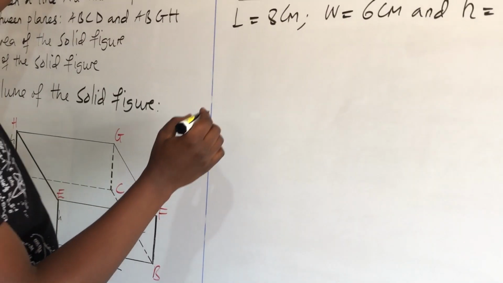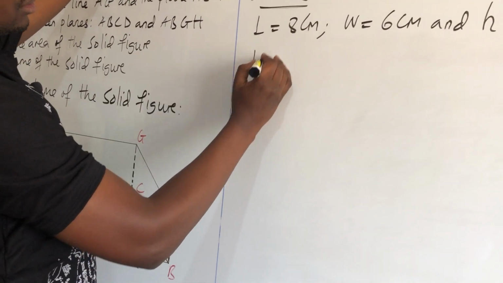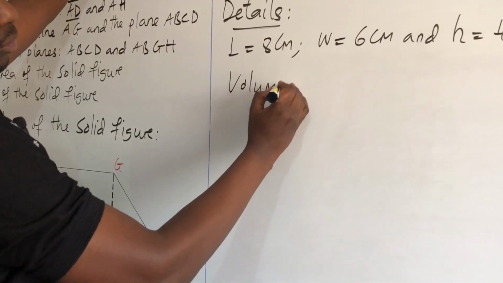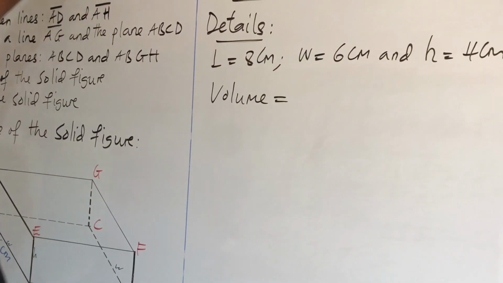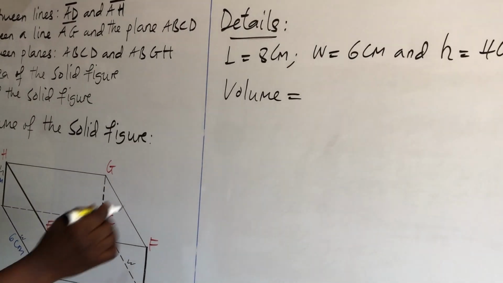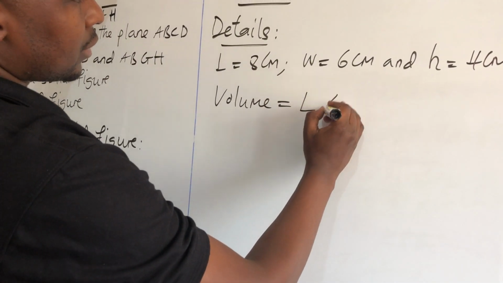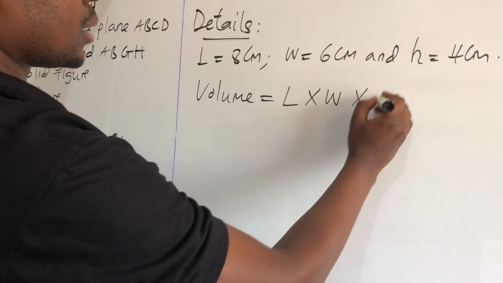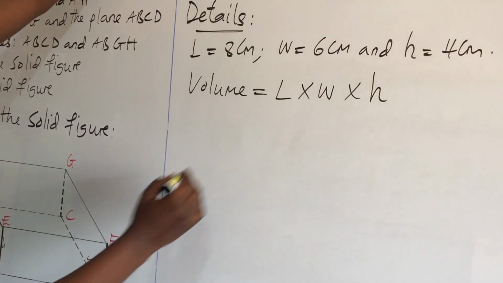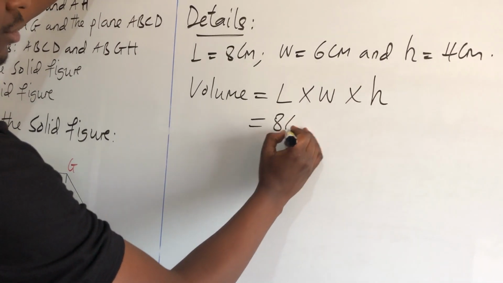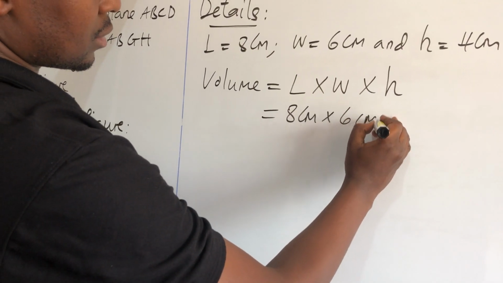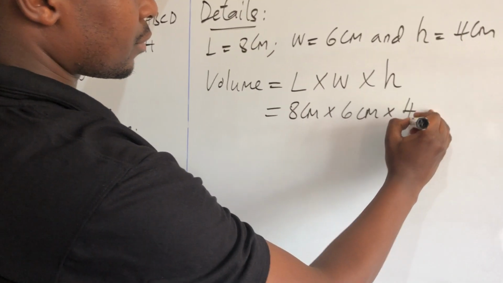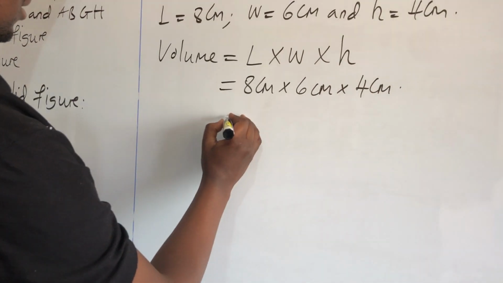Now, when calculating the volume, we use the formula where we find the product of all the dimensions that we are provided with from the figure. So we take the length, we times the width, we times the height. So length is 8 centimeters times the width is 6 centimeters. We times the height, which is 4 centimeters.